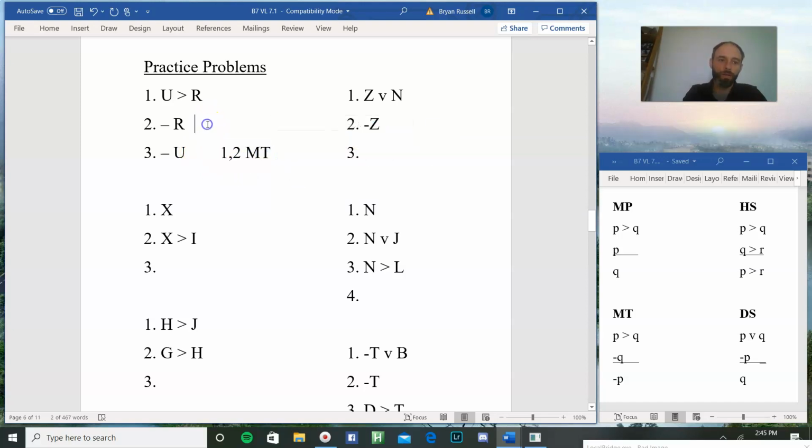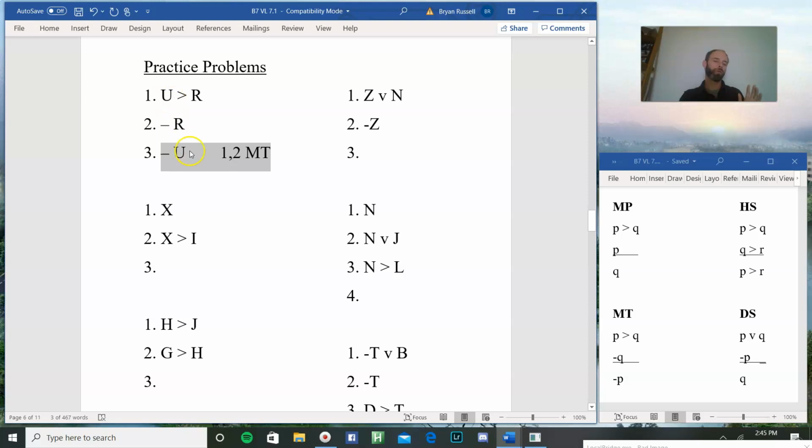Here we were given 2 lines of information, 1 and 2, and then we derived this third line. We figured out what rule we could use on those first 2 lines, and the rule we decided was MT, which allows us to get tilde U. Note, the justification for the step is on the same line as the step we took.